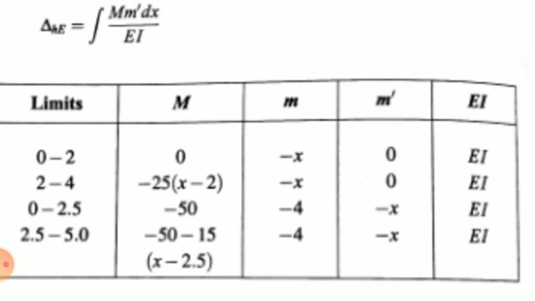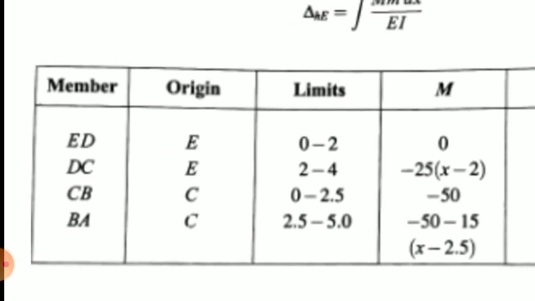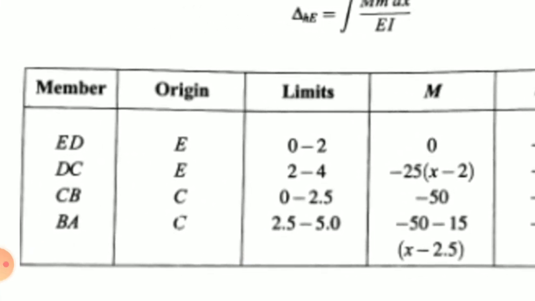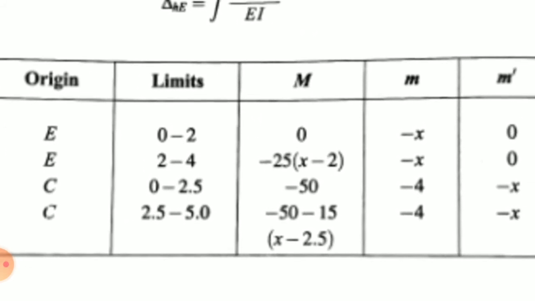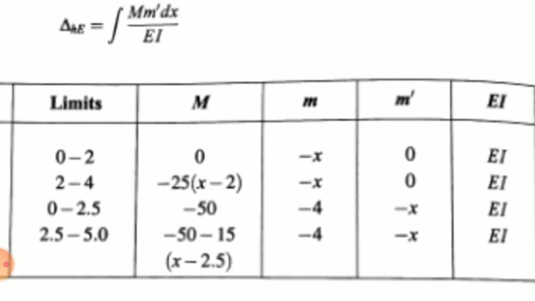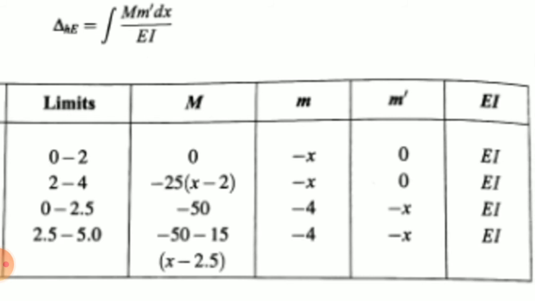The moment due to unit horizontal load is equal to 0. Similarly, in the other portion DC, that is 2 to 4 meter, moment is 25 into x minus 2, and moment due to unit vertical load is minus x, and moment due to unit horizontal load in the portion BC is equal to 0.